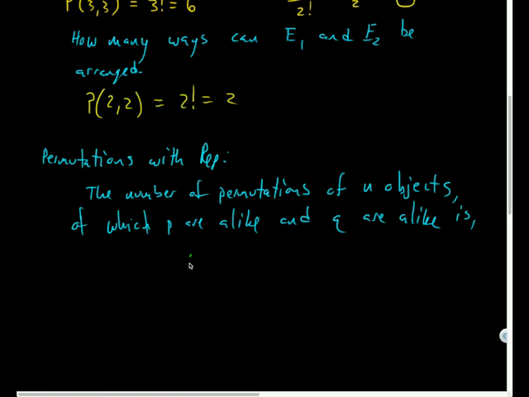So I'll have n objects being arranged, which is n factorial, n taken n at a time. And then I'll just divide by the number of repetitions of each element. So I would divide by P factorial, and I would divide by Q factorial. And actually, if I had a third element that was also repeated, then I could also divide by R factorial, or whichever many number of elements I have.